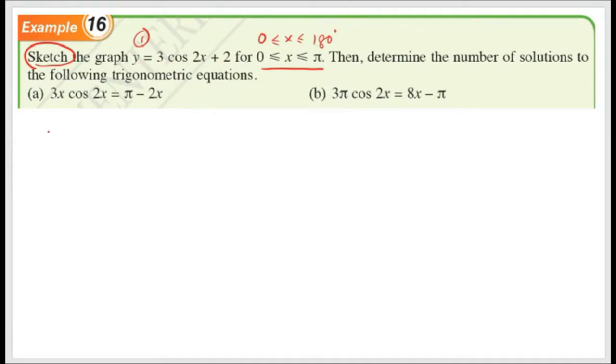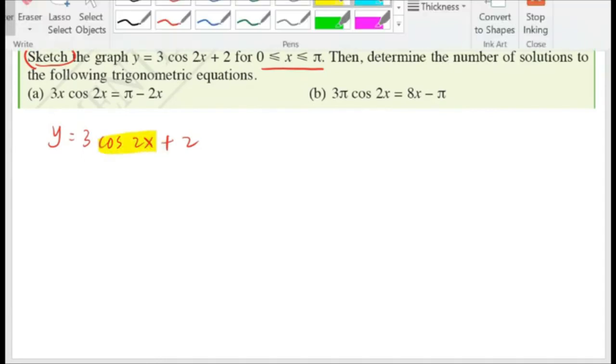How to do this question? We do this one by one. What do we need to draw first? We need to draw cos 2x first. Cos 2x, what does 2x mean?